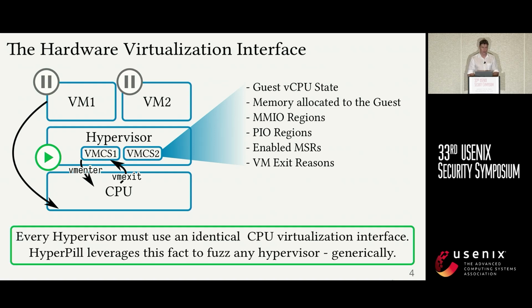So what we can see from here is that every single hypervisor on a particular architecture has to use the same interface, and this interface encodes a lot of really interesting information about the VMs that a hypervisor is running. So our fuzzer, HyperPill, leverages this fact to fuzz hypervisors generically.